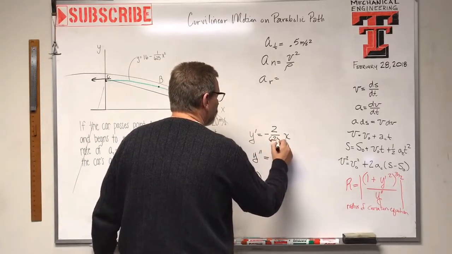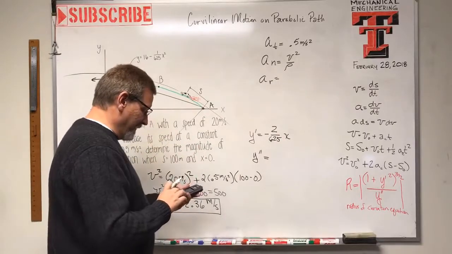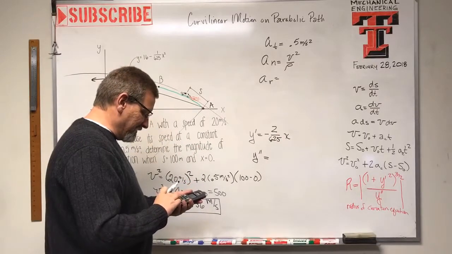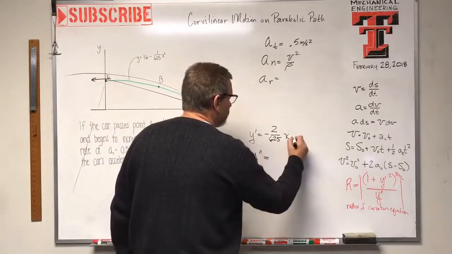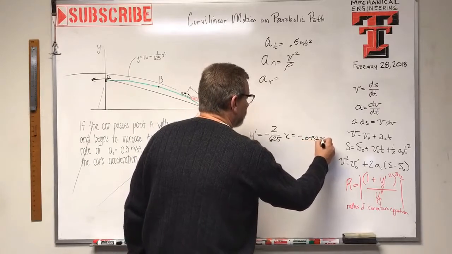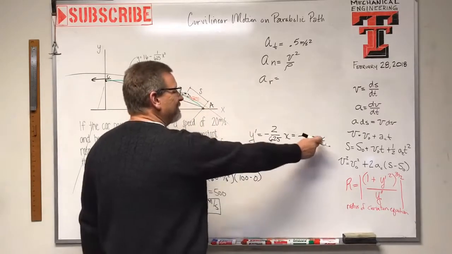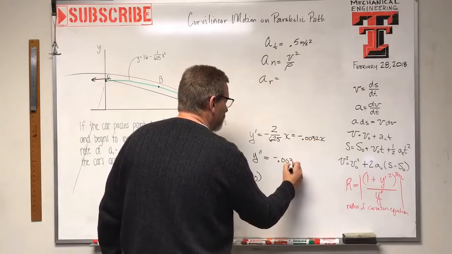Sorry, y'all. How about 2 divided by 625? 0.0032. So y prime here is negative 0.0032x. And y double prime, the derivative of that, is just negative 0.0032.